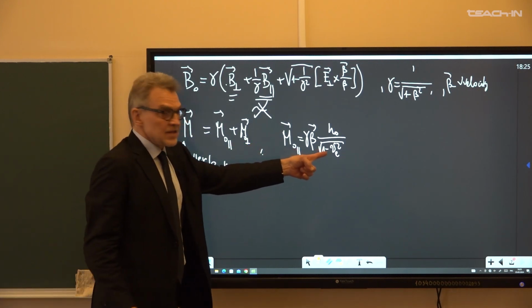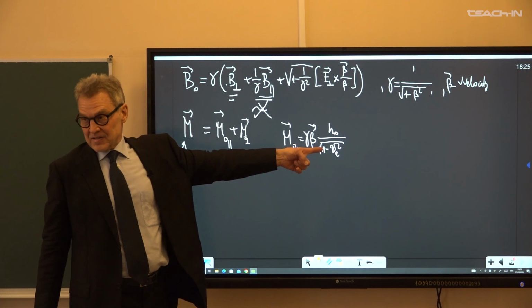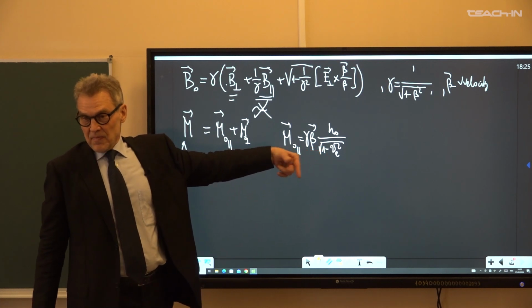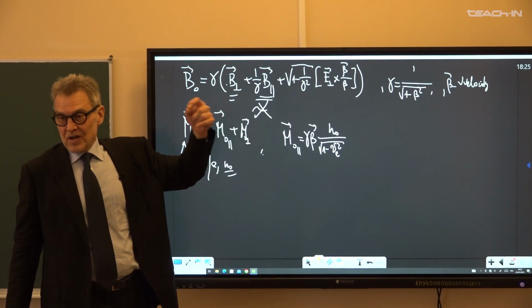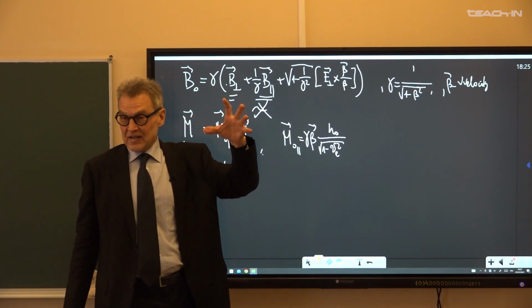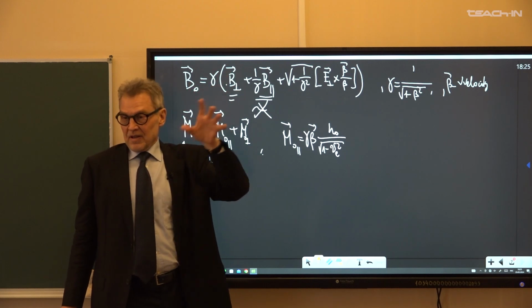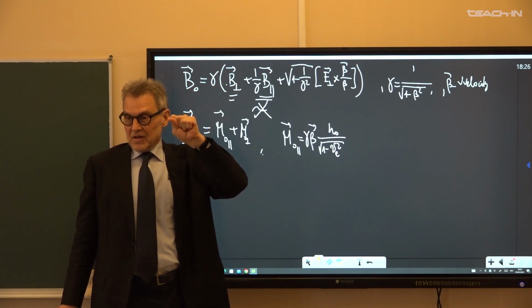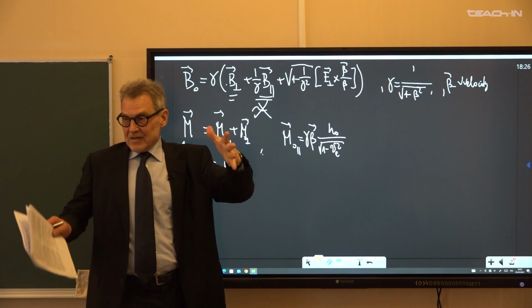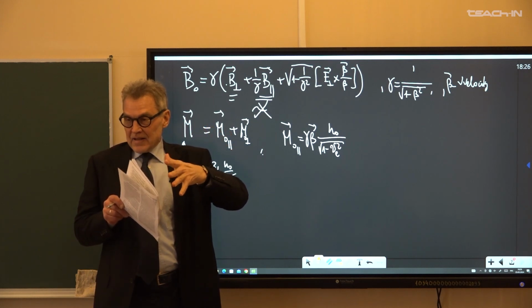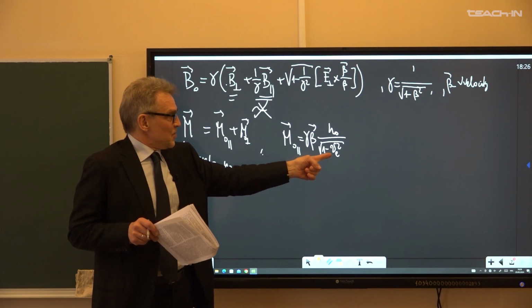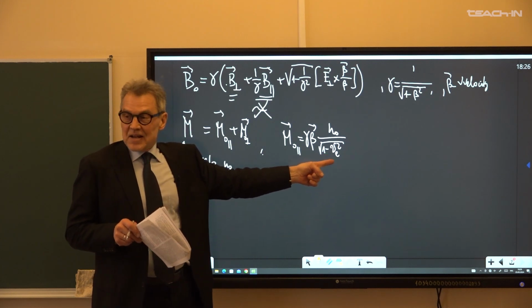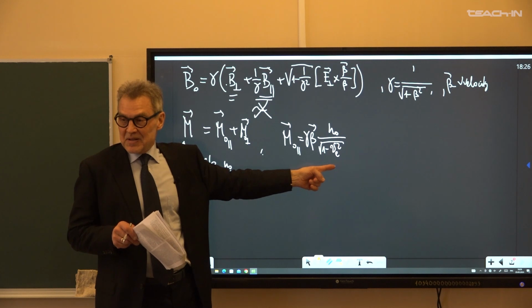And V is the speed of electrons. So that is the classical speed. If you have a gas of electrons, each electron moves, distributed by a quantum distribution, but you should sum up, and this is the classical speed of matter.